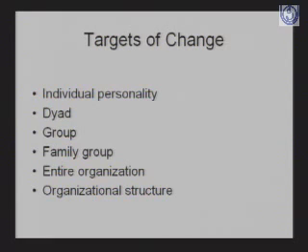Then there is this family group. The people who are working in the same way, like you can have managers belonging to marketing group or product group, production group. They are family groups.